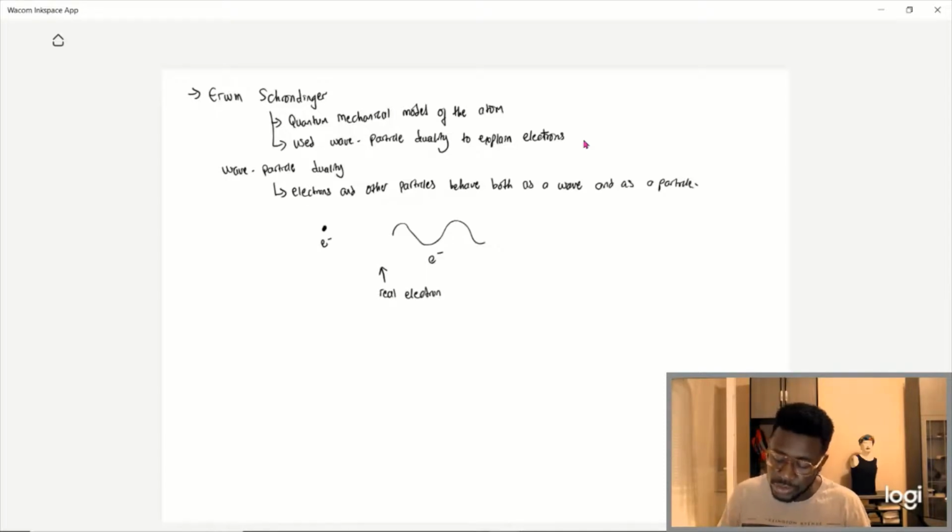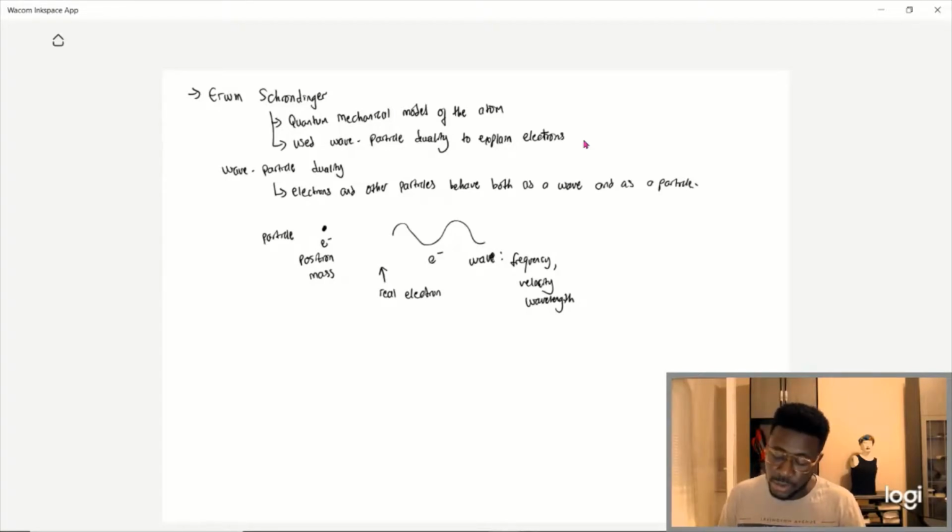As a wave, you can use certain things to describe it: frequency, velocity, wavelength. As a particle, you can use things like position and mass.